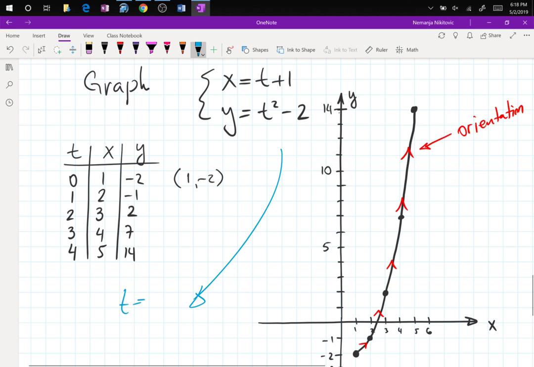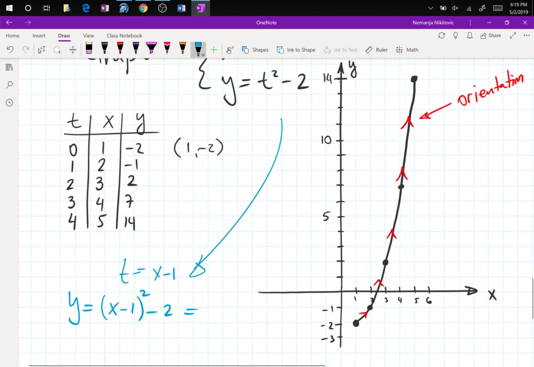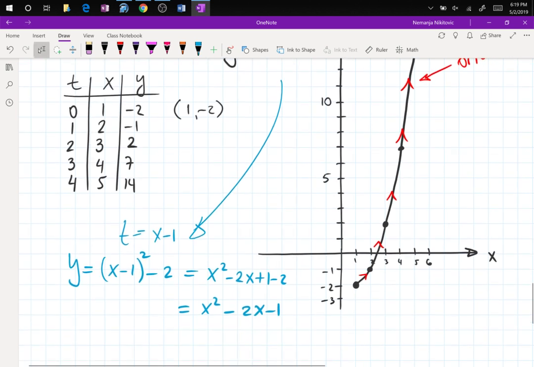So t is equal to x minus 1, y equals x minus 1 minus 2 squared. So this is x squared minus 2x plus 1 minus 2, and I get x squared minus 2x minus 1. So my function is this.